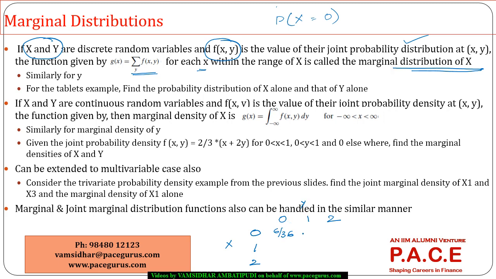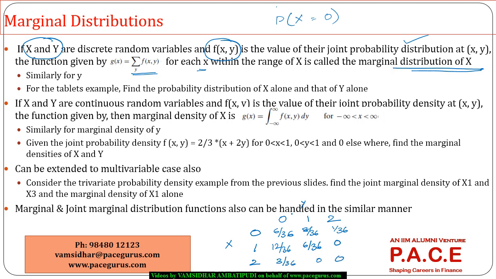So x is 0, y is 0. We got it as 6 by 36. This was 8 by 36. This was 1 by 36. And this was 12 by 36. This was 6 by 36. This did not exist. And even this was 3 by 36 and not exist.